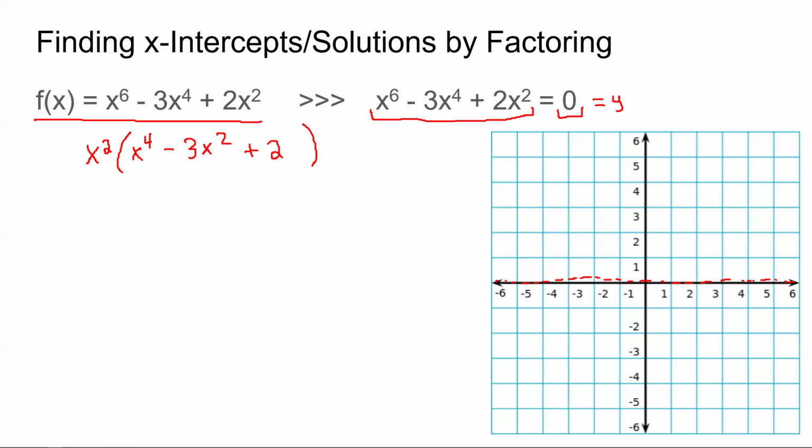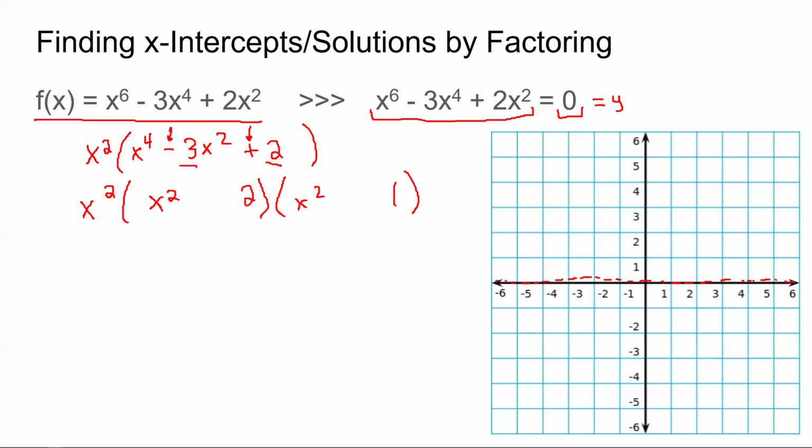Okay, with that out of the way, things look a little bit better. There's still x to the fourth, but that is a perfect square, so maybe I can get away with doing x squared times x squared. Worth a try, right? Let's look at the back here. I need two numbers that multiply to 2, and I see that the signs are going to be the same, therefore both negative, and I'm going, well, 2 and 1 multiply to 2 and add to 3.